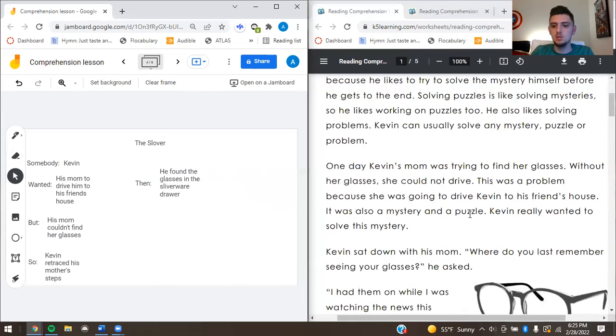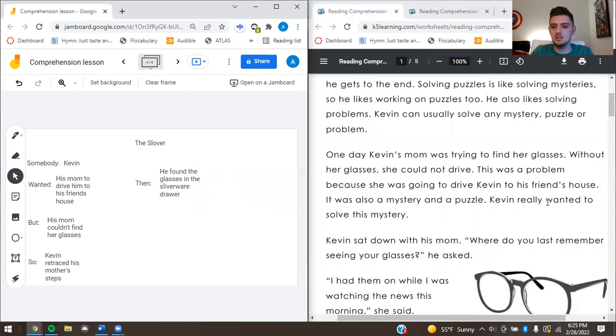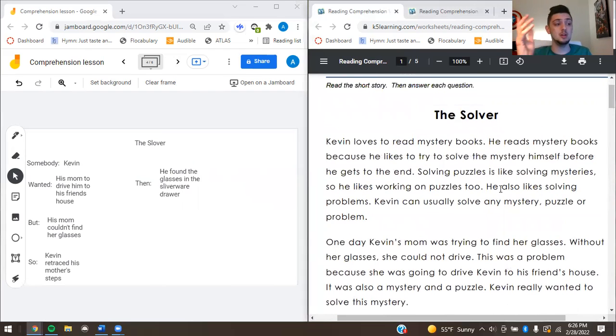Remember when we were looking, we found keywords that helped us figure out what it was. Wanted, problem. So this one says it pretty clearly for us, but we're not always going to have these things. So it's good to realize what these words are, and then similar clues that will help us find other things.